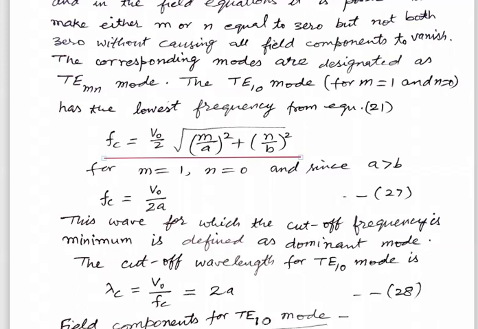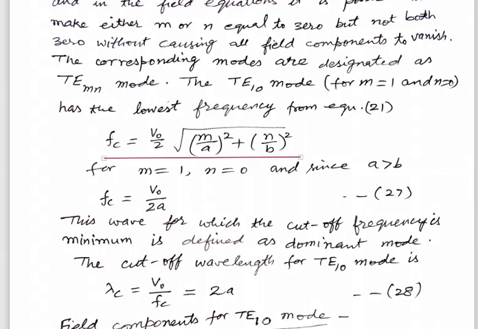Because if we take m equal to 0, n equal to 1, the cutoff frequency comes out to be v0 upon 2b, which has a higher value than the value obtained for m equal to 1 and n equal to 0.